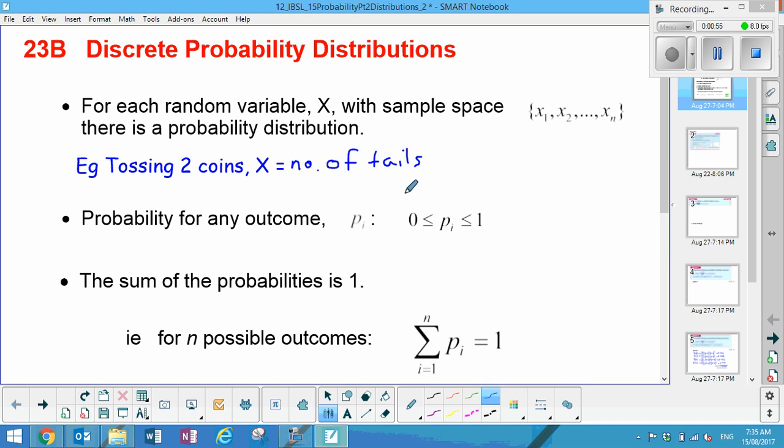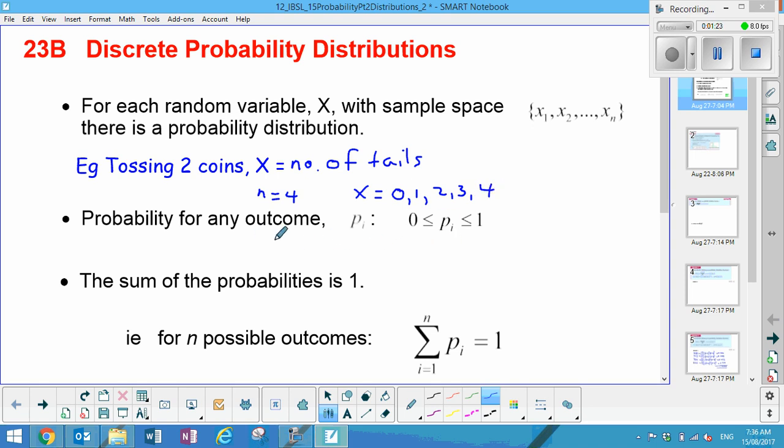So if we have the number of tails, and let's say we toss our coin 4 times, so n is 4, the number of times we're tossing it. So x can be anything from no tails, 1 tail, 2 tails, 3 tails, up to 4 tails.